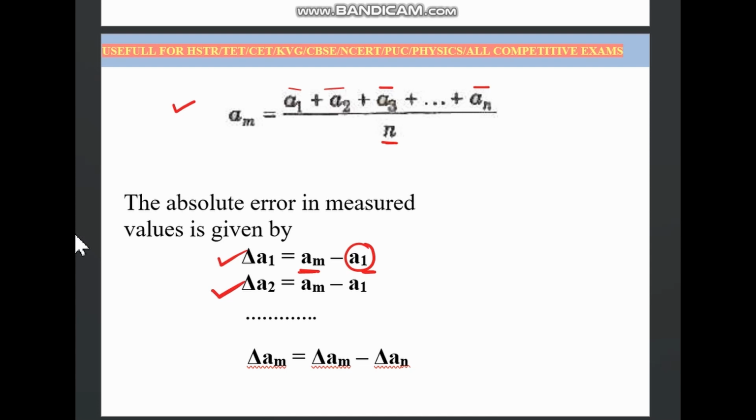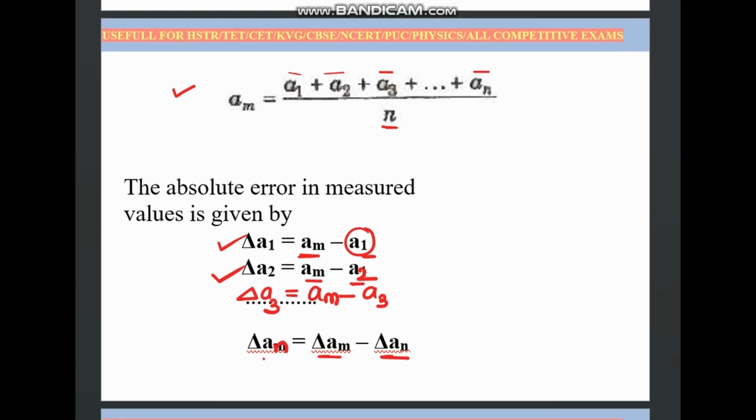Then absolute error for A2, delta A2, is equal to Am, again the mean, minus A2, our second reading. Like that, delta A3 is equal to Am minus A3, our third reading. Like this, delta An is equal to the mean Am minus An.